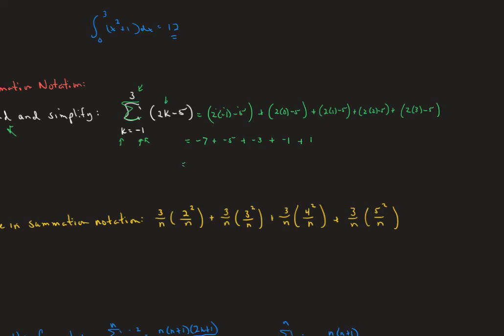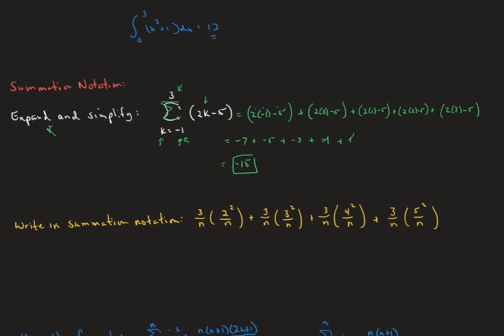Okay, let's go a little further. Those will kill each other off. Looks like we're going to get negative 12, negative 3, negative 15 is going to be our simplification. So we add all those up. So there's an expand and simplify.